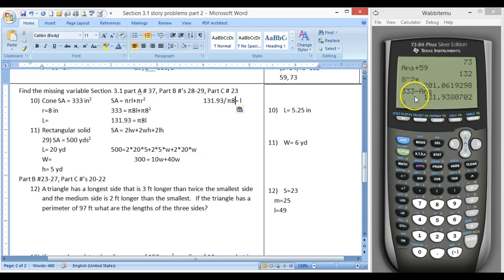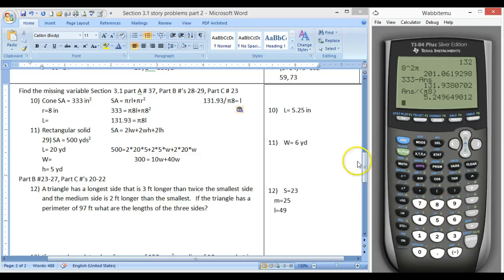Using my calculator, since that's the answer, I'm just going to press divide. I need it to divide by both pi and 8, so I'm going to do parentheses. Second, pi is over here on the caret. Pi. I don't have to do a multiplication sign on the calculator, so I'm just going to do 8 and close the parentheses so both of those are dividing. And there's my answer.